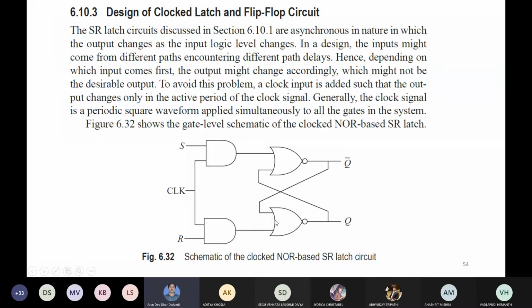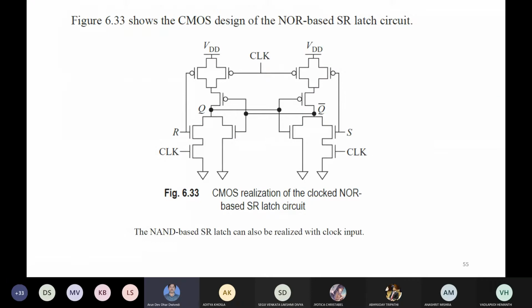So the same thing we can design here, whatever the previous design we know for set and reset. So this NOR gate was designed by taking two NMOS transistors in parallel and two PMOS transistors in series. This one and this one in series.